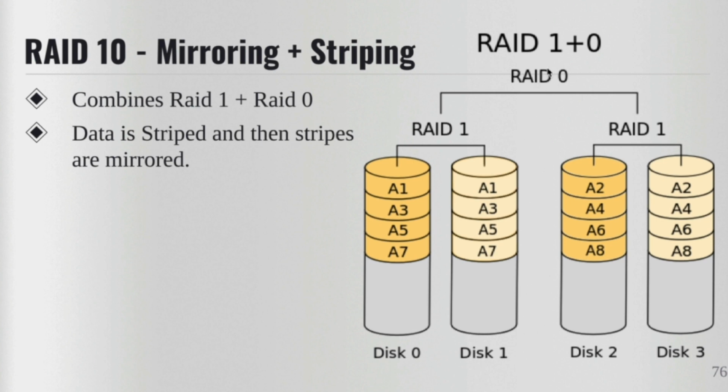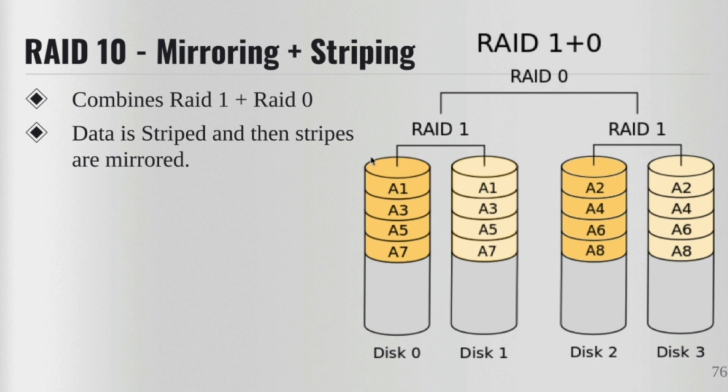So take a look at this. RAID 0 is what? It is striping, correct? So first look at the colors. A1, A2, so data is being striped, which means spread. So A1 and then A2, A3 and then A4, A5, then A6, A7, A8. So it's been striped. That's why it says RAID 0.